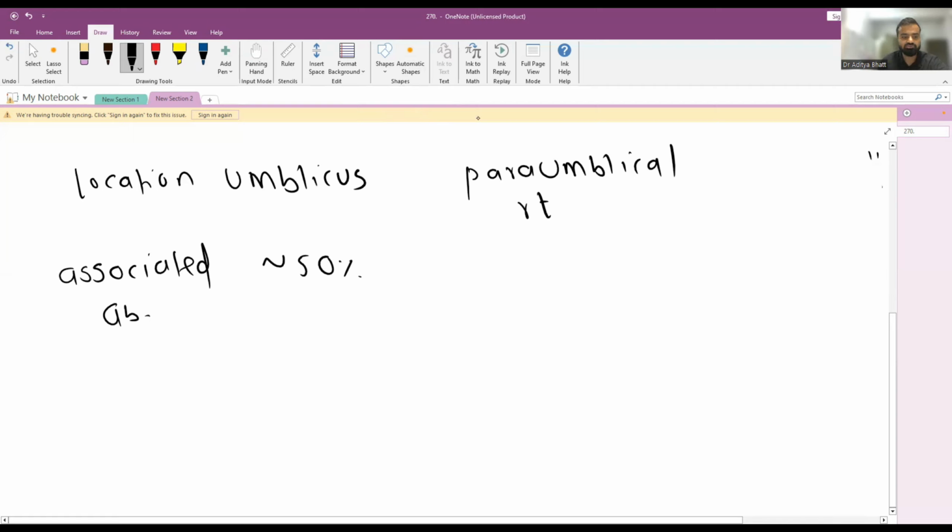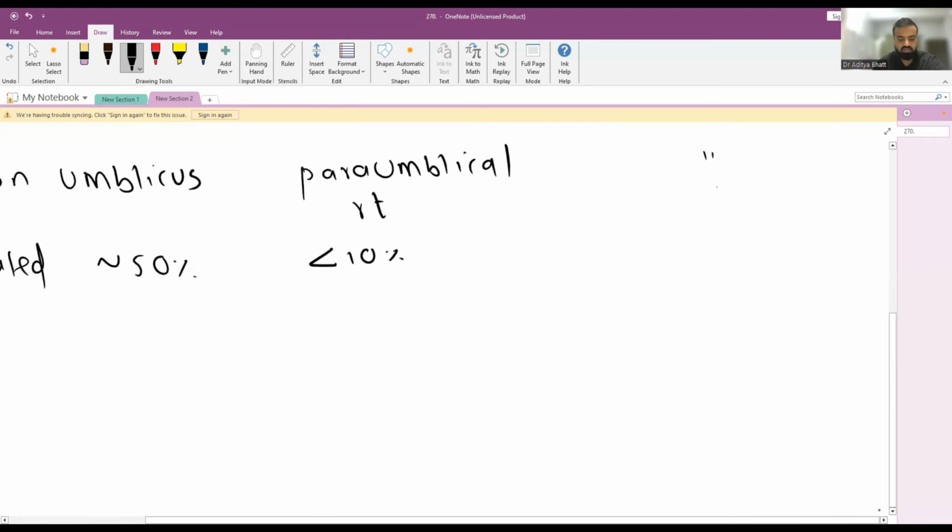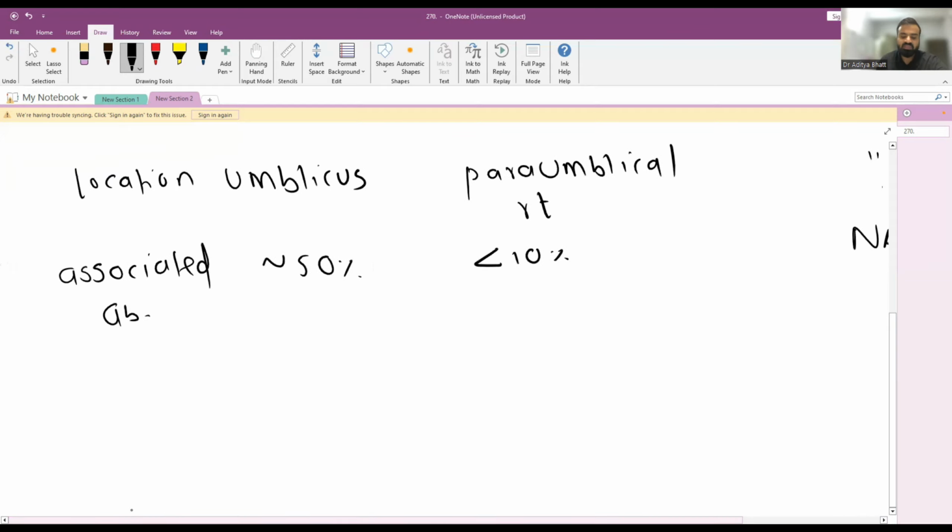With gastroschisis, less than 10% will have an associated abnormality. In umbilical hernia, there is usually no associated abnormality, though hypothyroidism might be there.